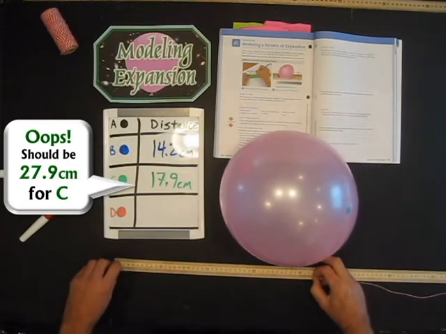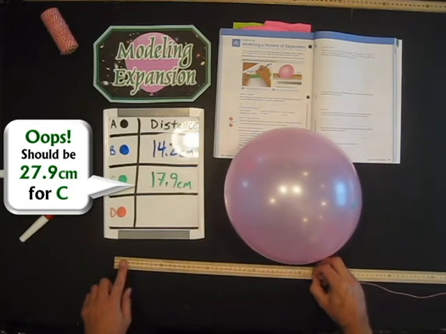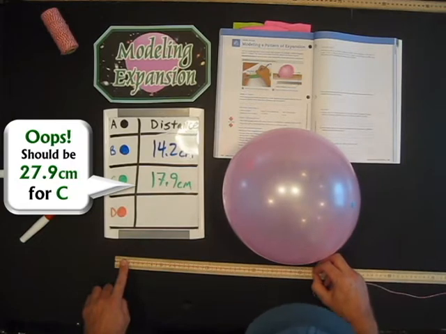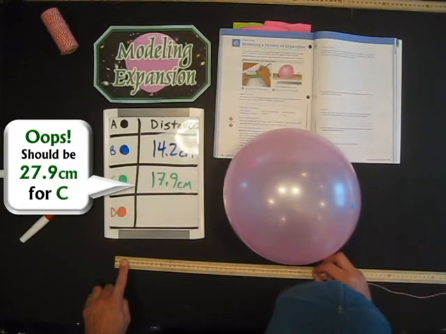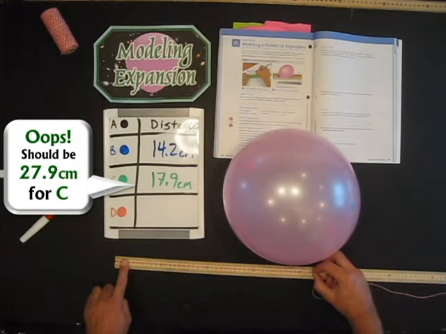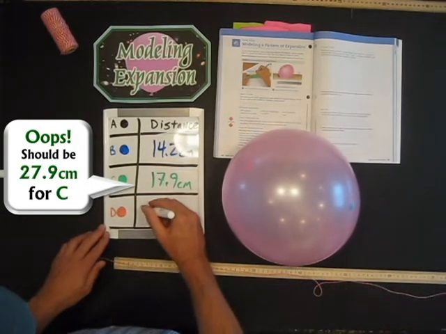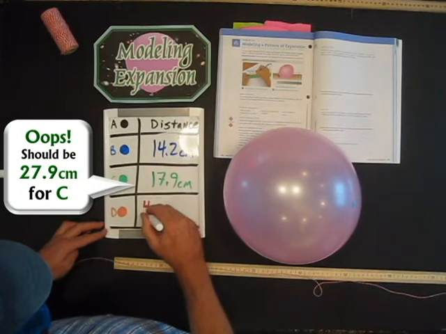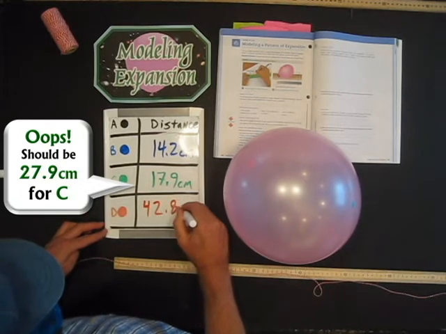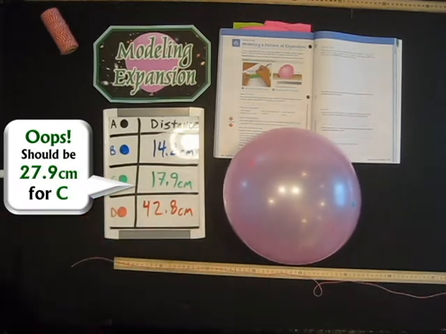I'm holding it tight, don't want to let go. And I see that it is 42.8 centimeters for that interval. And we'll see how many more intervals we can get.